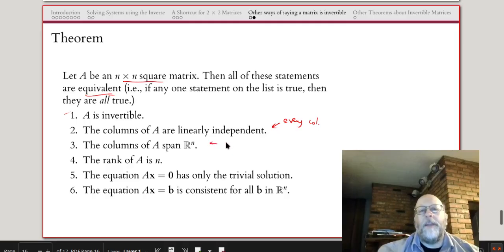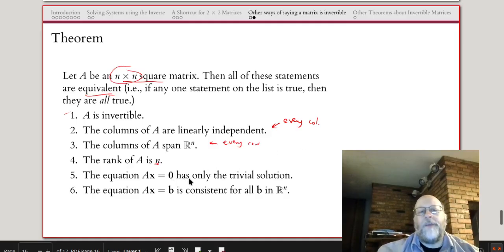And because we have a leading entry in every row, the columns also are a spanning set for Rn. Since we have a leading entry in every row, and they're n rows because it's a square matrix, the rank is equal to n. That uses our new definition. It's the number of leading entries. Every row has a leading entry, so there are n leading entries.